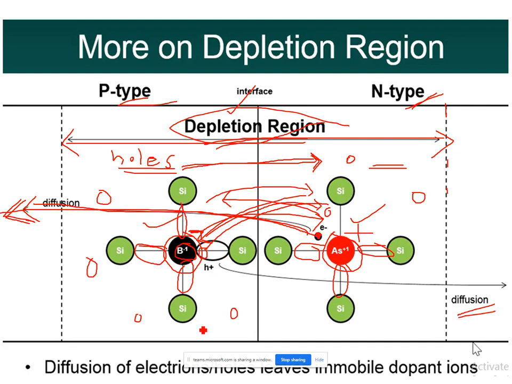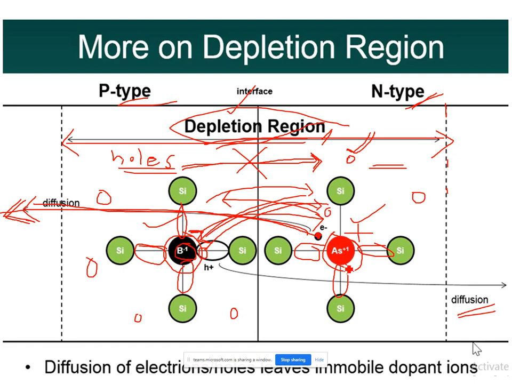So when we say they are immobile, then we say that the conductivity is very low, or there is something called an obstruction. When immobile things are present in the depletion region, then we can say that the conductivity is very poor in the depletion region, so it is acting like a resistance for the current flow, right?